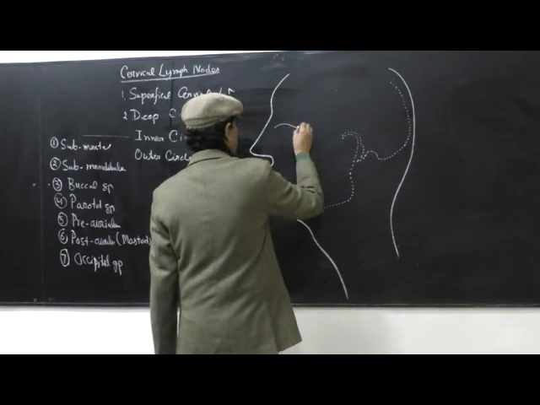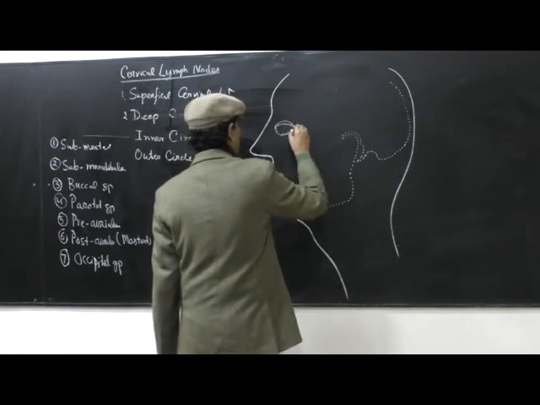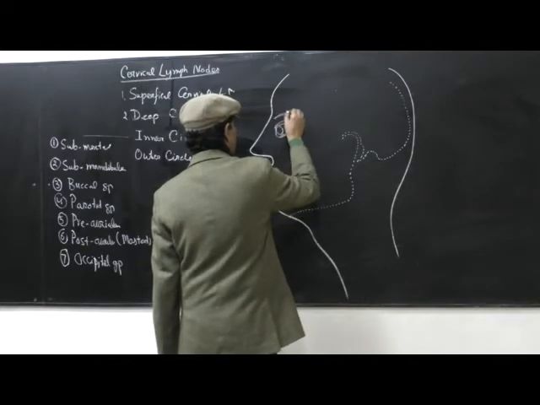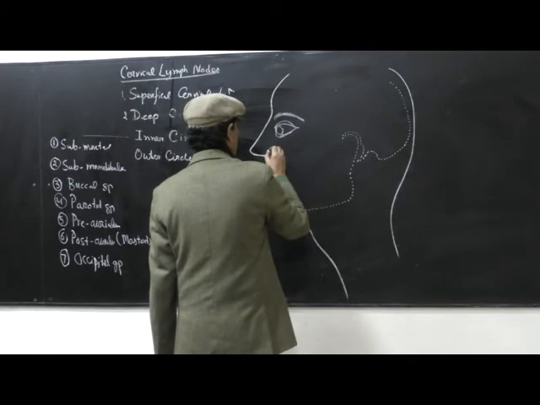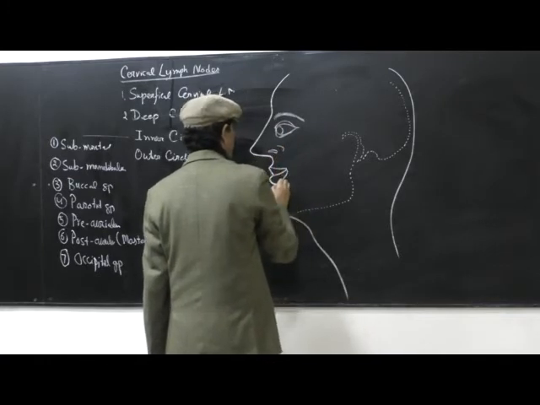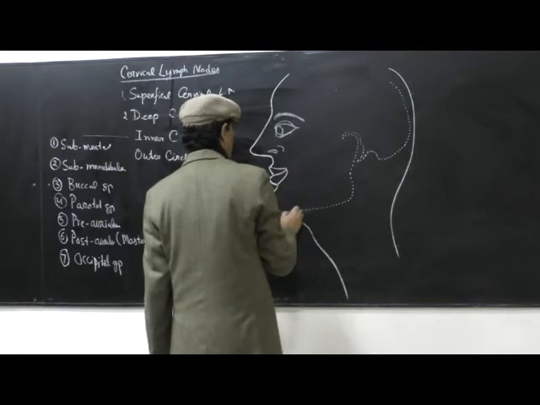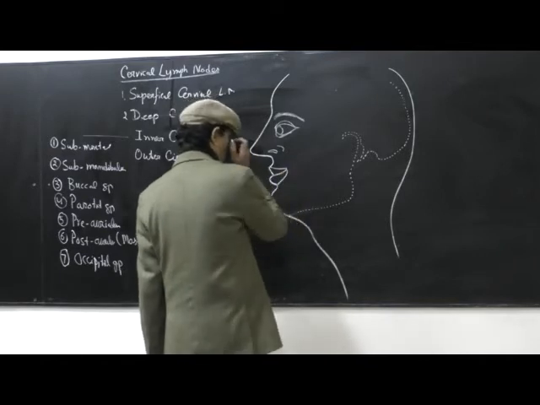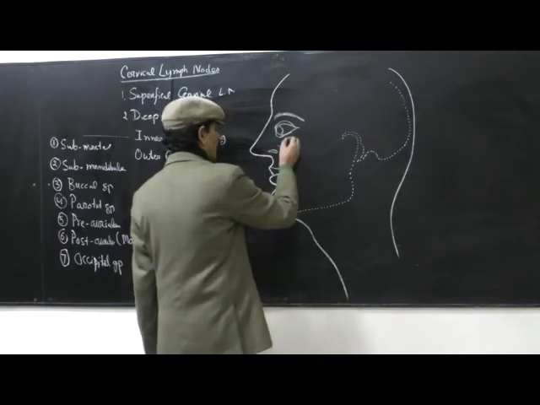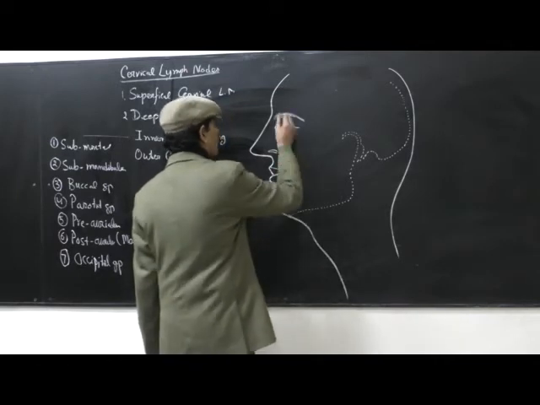And here lies the upper and lower eyelid with the eye. The nose and the upper lip and lower lip. And here lies the mental foramen. And here lies the infraorbital foramen.